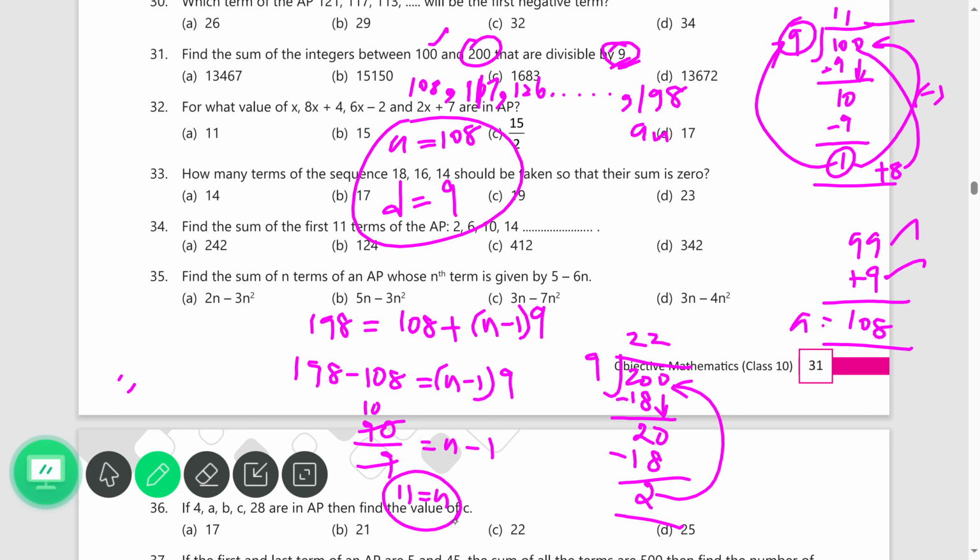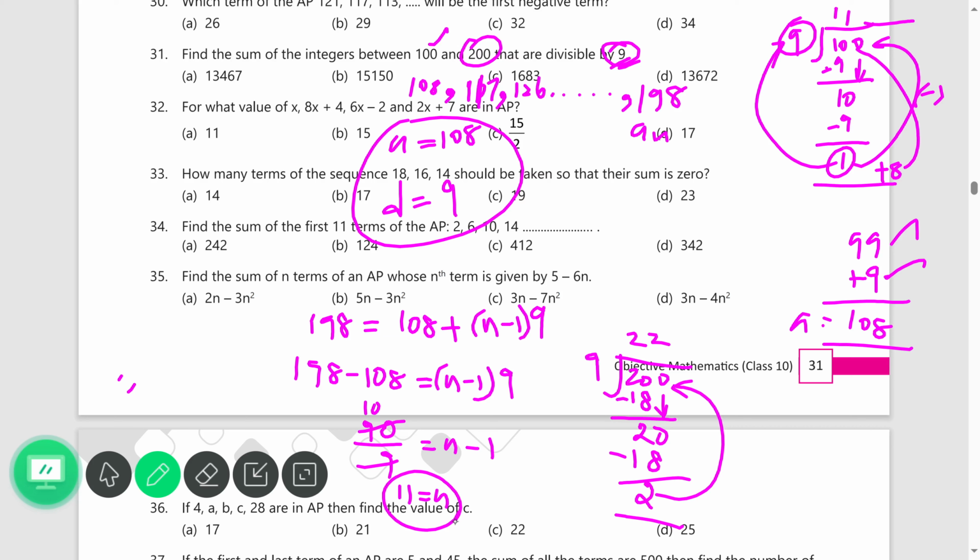A2 is 8x plus 4 minus x. A3 is 6x minus 2. A2 value is 8x minus 4. A4 is 2x plus 7 minus 6x plus 2.